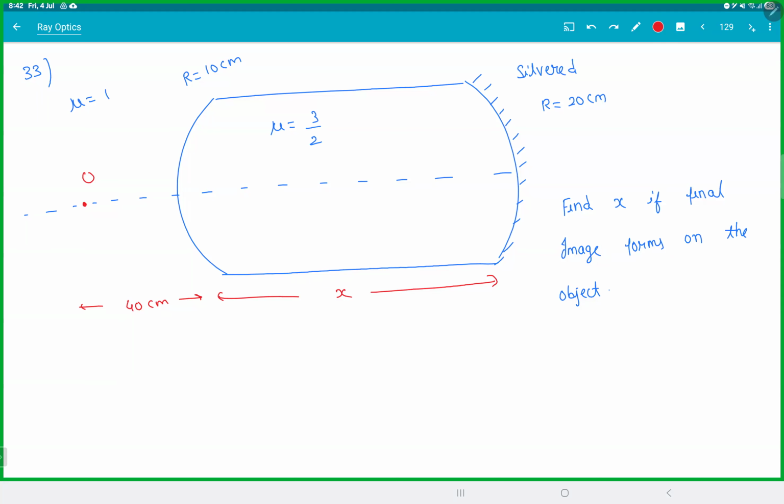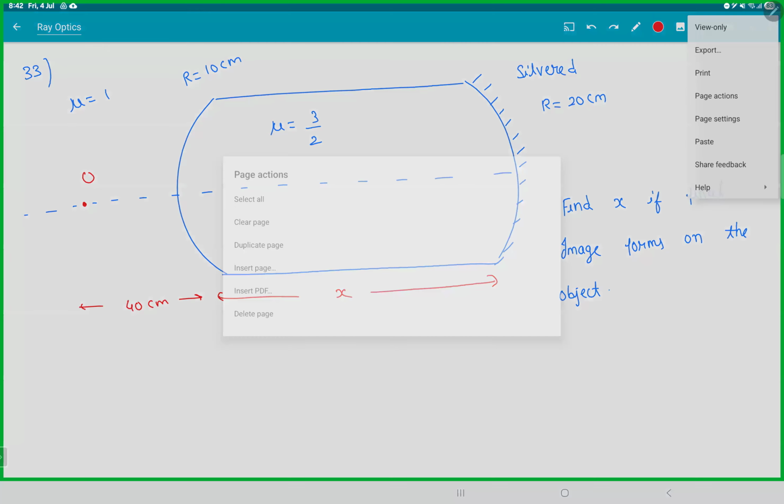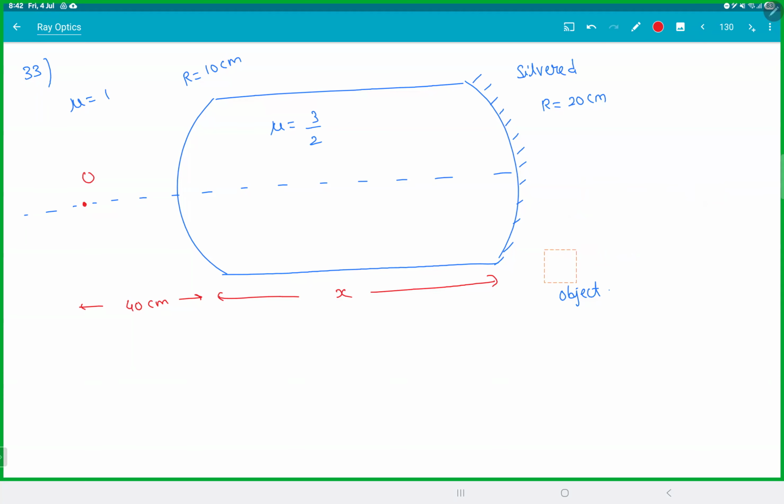Now see, first let's find the image for the refraction, that you can do. There are actually two answers for this case. That's what makes this problem special. Most people don't realize there is a second option.